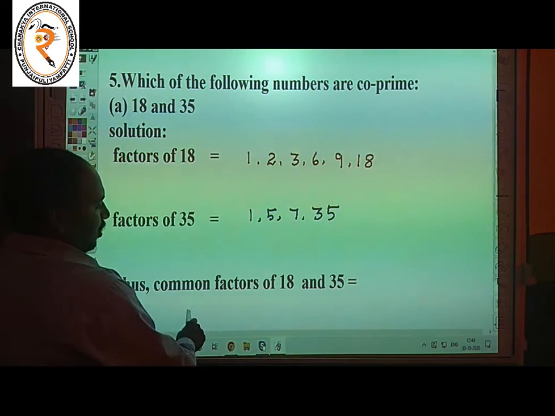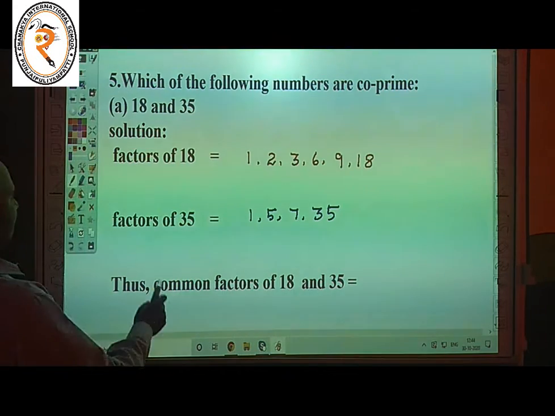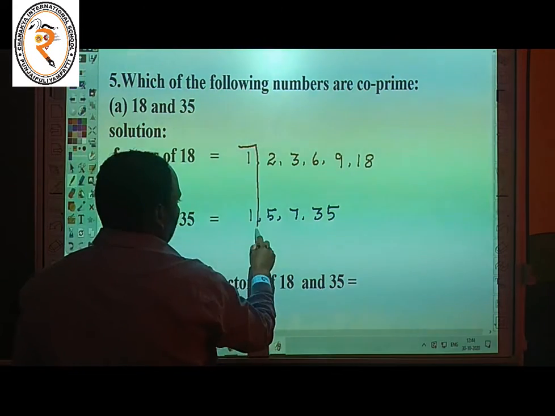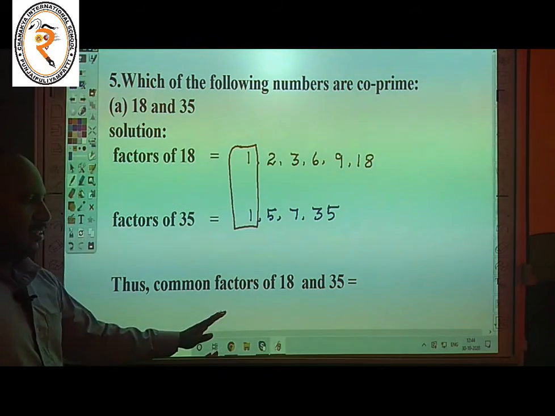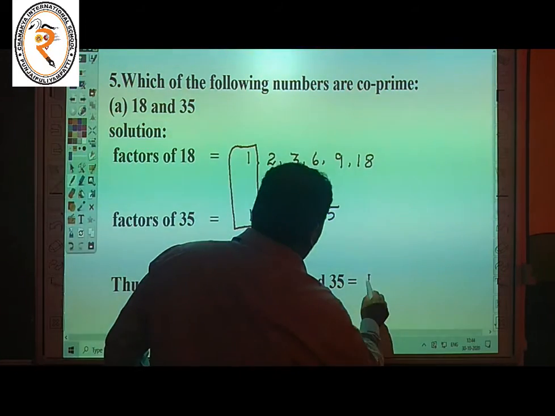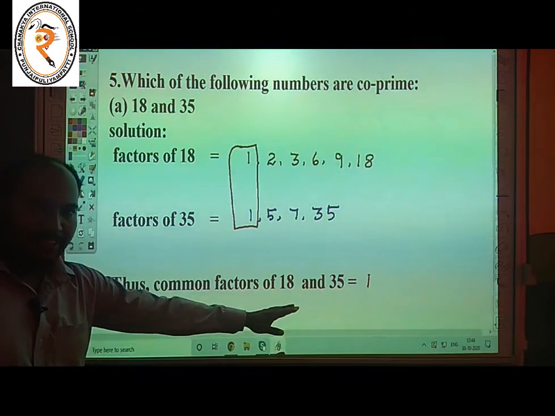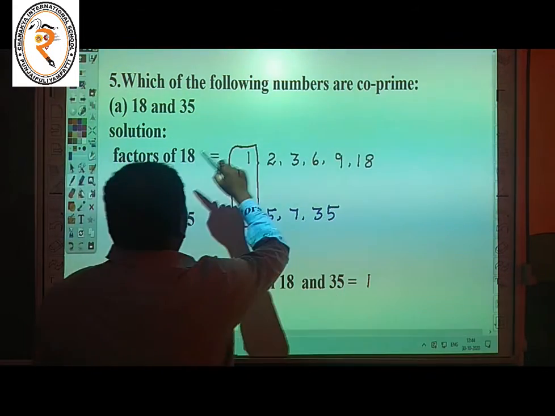We want the common factors of 18 and 35. Listen here. The common factor is only 1. Thus the common factors of 18 and 35 is equal to 1. So it is a co-prime.